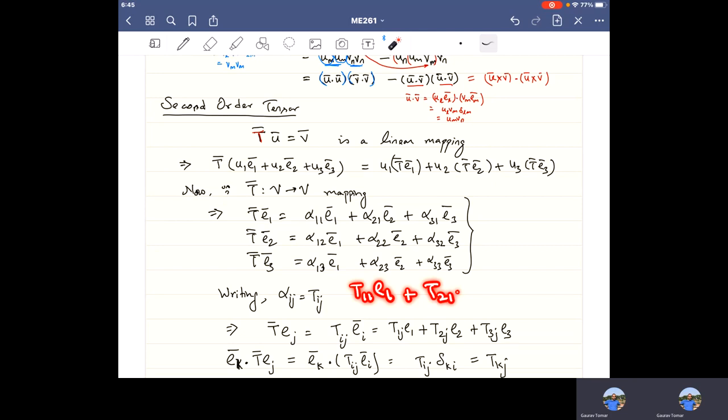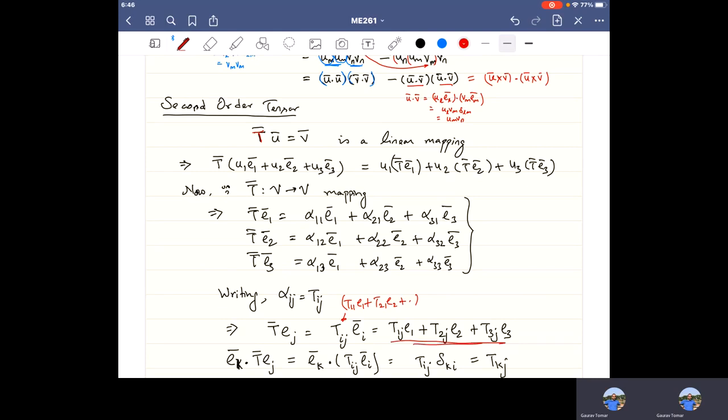So we can say that the first index is repeated. In the expanded form, we can write it this way.